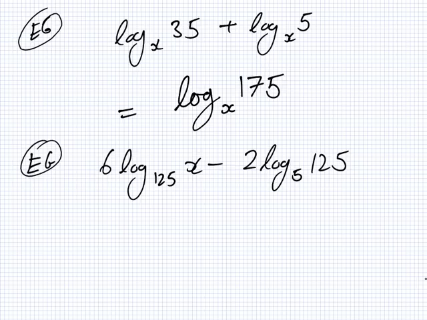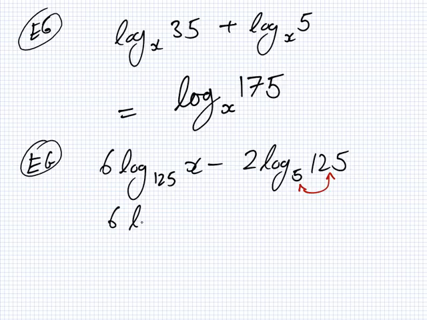So that would be 6 log 125x minus 2 times 1 over log 125x. That's one way. Or another way, which I think is a little bit better, is we should try and simplify this 125 first.